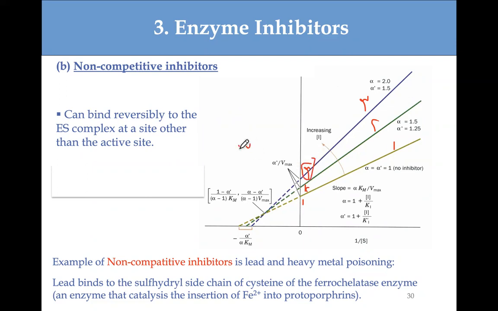No, 3 equals 1 over Vmax. So by simple math, Vmax would be a third. Here Vmax would be half, and here Vmax would be 1. So as we go up, Vmax decreases. Yes, so this one has the highest concentration of inhibition.